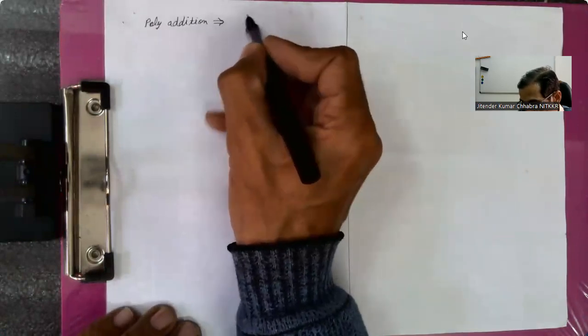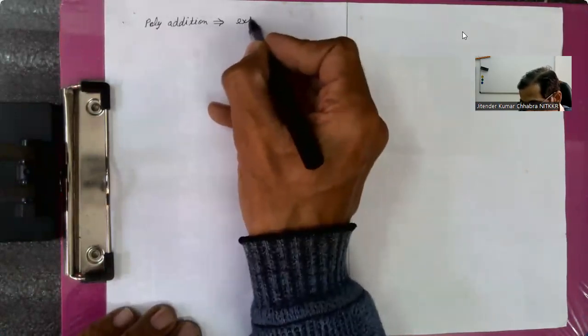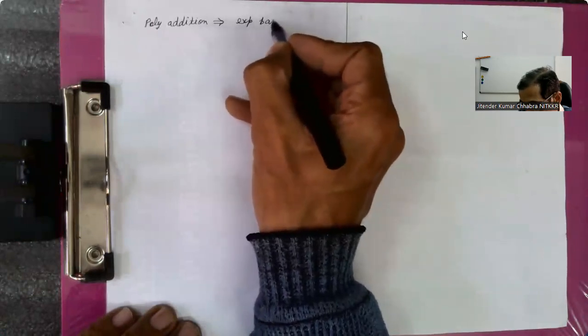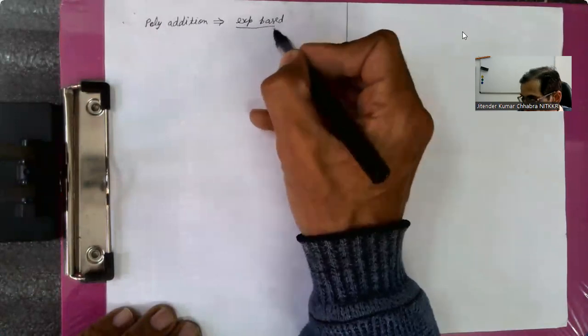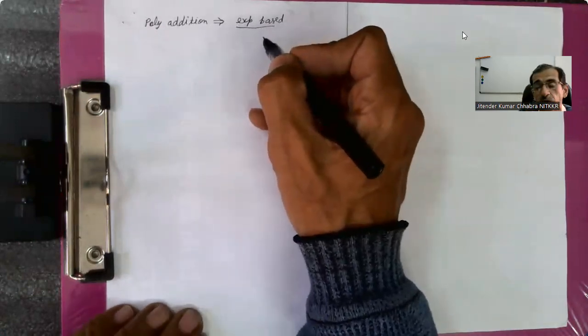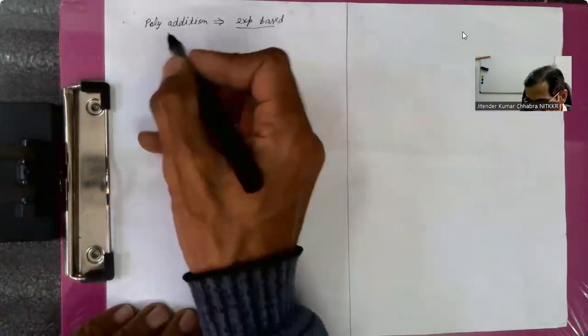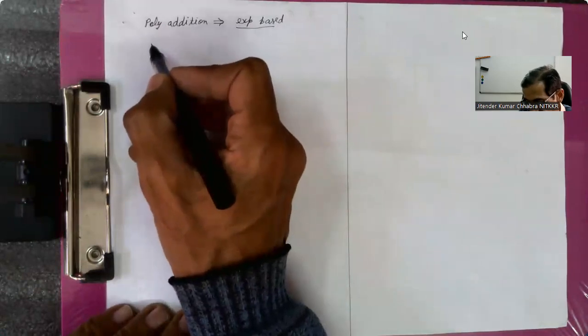We have talked of polynomial addition, and exponent-based representation coding is what we discussed last time. Based on the exponent, yesterday we wrote some partial code and I asked you to complete it. I'm sure most of you have done that.